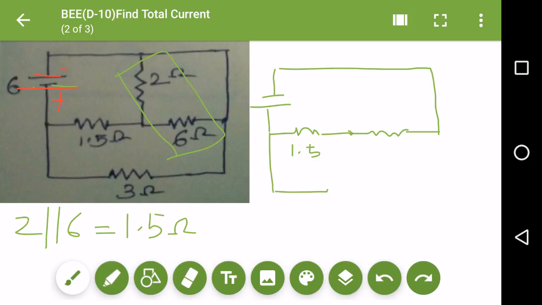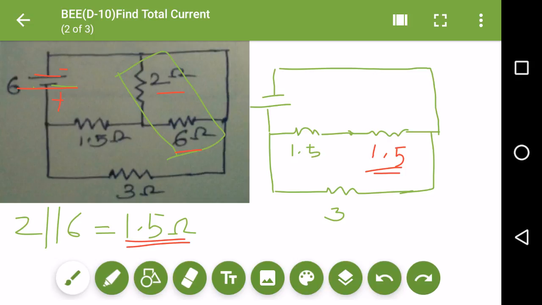Here's a 3 ohm resistance, that is 3. I combined the 2 ohm and 6 ohm resistances to form this 1.5 ohm resistance.